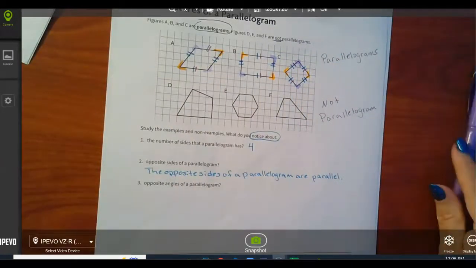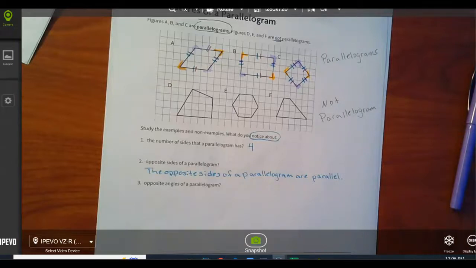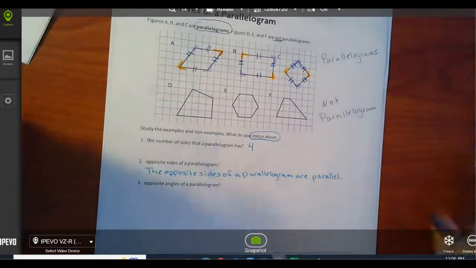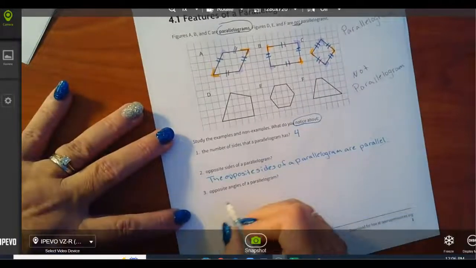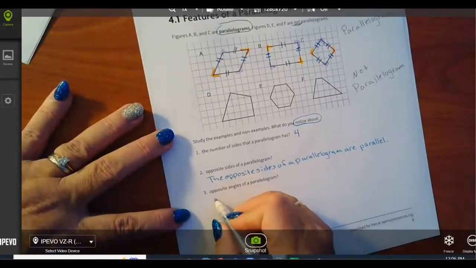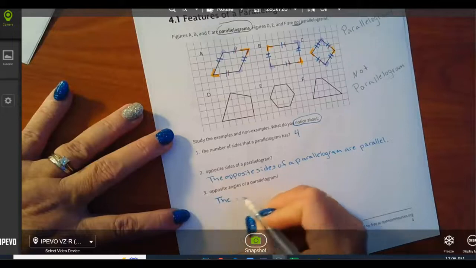What do you notice about the opposite angles of the parallelogram? Write that in your answer. And now I will tell you what they are. And hopefully this is what you got.